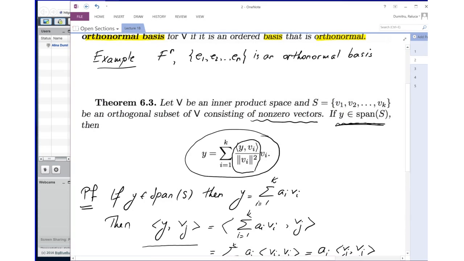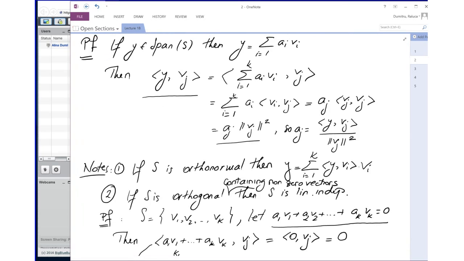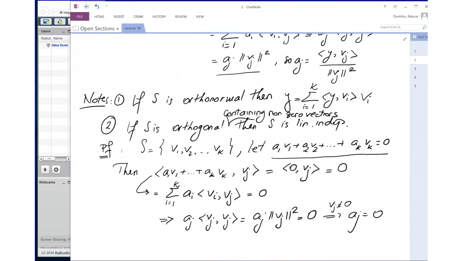Oh, but this is given anyways, to be non-zero vectors. But why should I assume that? Well, an orthogonal set could still be orthogonal even if you throw in the 0 vector, because the 0 vector inner product with anything you want is still 0. So you're not losing orthogonality if you throw in the 0 vector, but it's less interesting from the perspective of talking about orthogonal and orthonormal bases. So if it doesn't contain 0 vectors, then it automatically must be linearly independent.